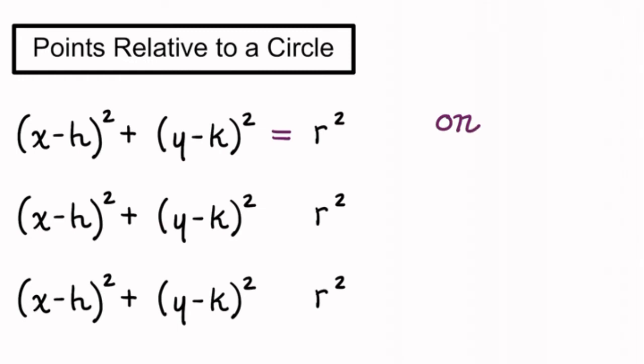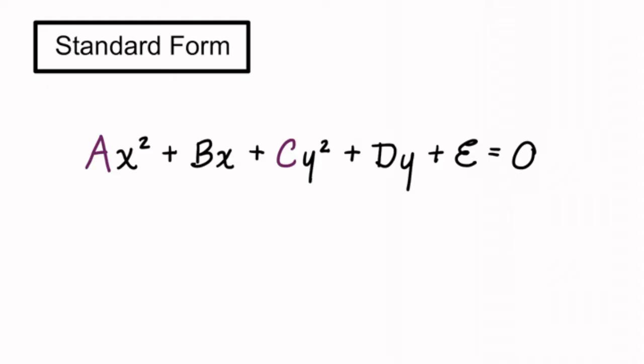If we put in another xy point, and we discover that the value we get on the left is less than r squared, that's going to tell us we're inside the circle, in the interior of the circle. And finally, if we put in another xy pair, and that gives us a value on the left side of the equation that is greater than r squared, then we know we're going to be in the exterior of the circle. We'll be outside of the circle. So the equation can also tell us about the relative position of a point.